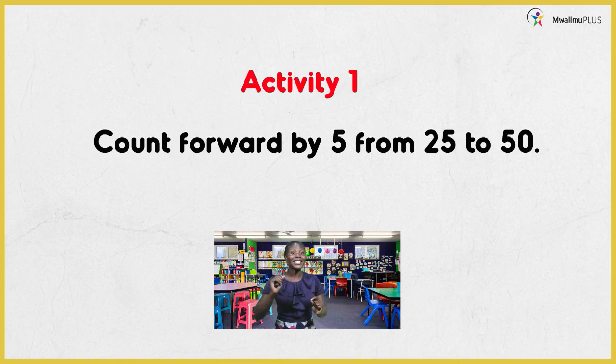So we are starting at 25. As we said, counting forward, we are adding 5. They should increase by 5. Therefore, simple, we are only adding 5 to 25. The number we get, you also add 5. Like that until we reach 50.